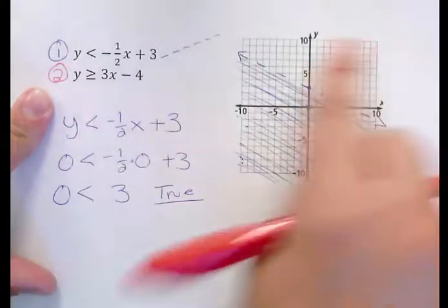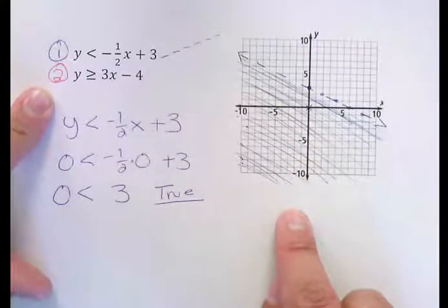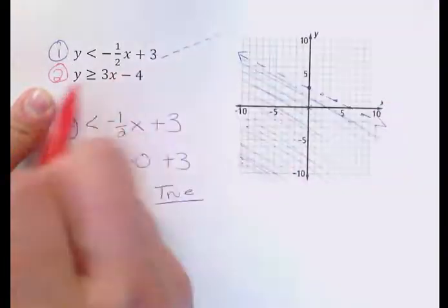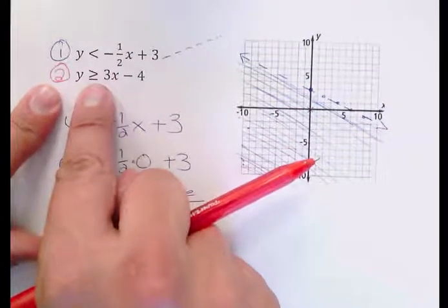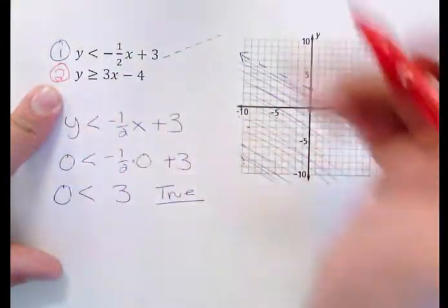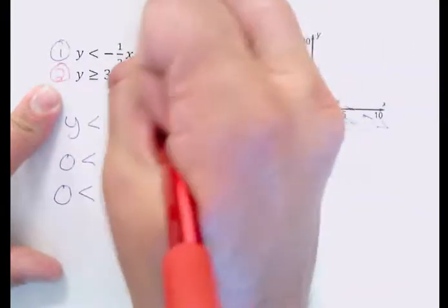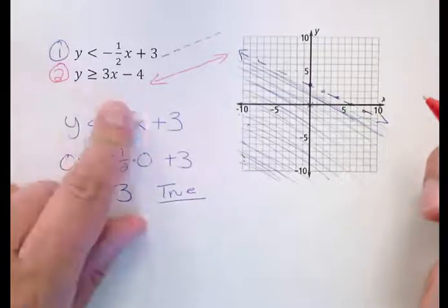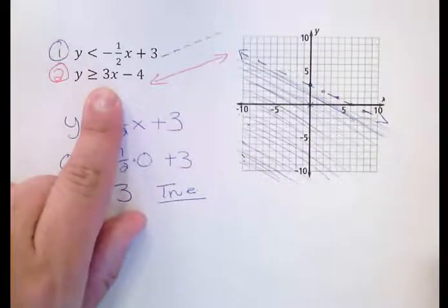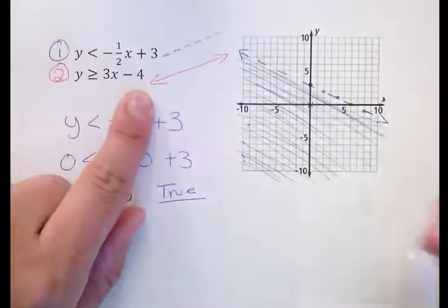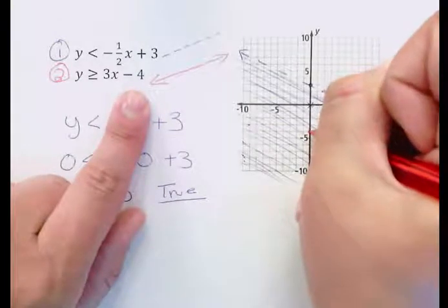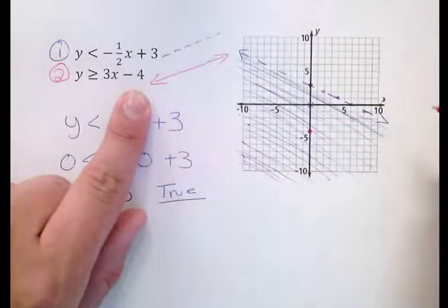Completely ignore all points, shading, everything on here. We don't care. It's a completely new problem. So y is greater than or equal to 3x minus 4. I see that inequality with the equal to, so I'm going to have a solid line. My slope is 3, my y-intercept is negative 4. So I come down to negative 4 and put a red point.